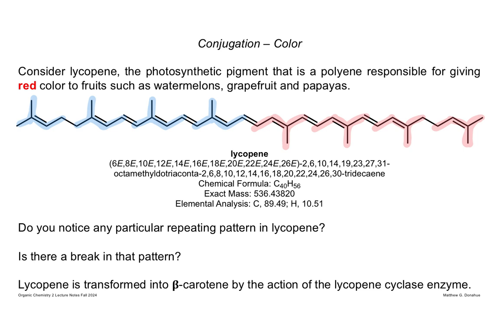One enzyme is called the lycopene cyclase enzyme. So that lycopene interacts with an enzyme, and an enzyme is just a reagent in the biological sense that will carry out a transformation. So cyclase means it's going to cyclize it.